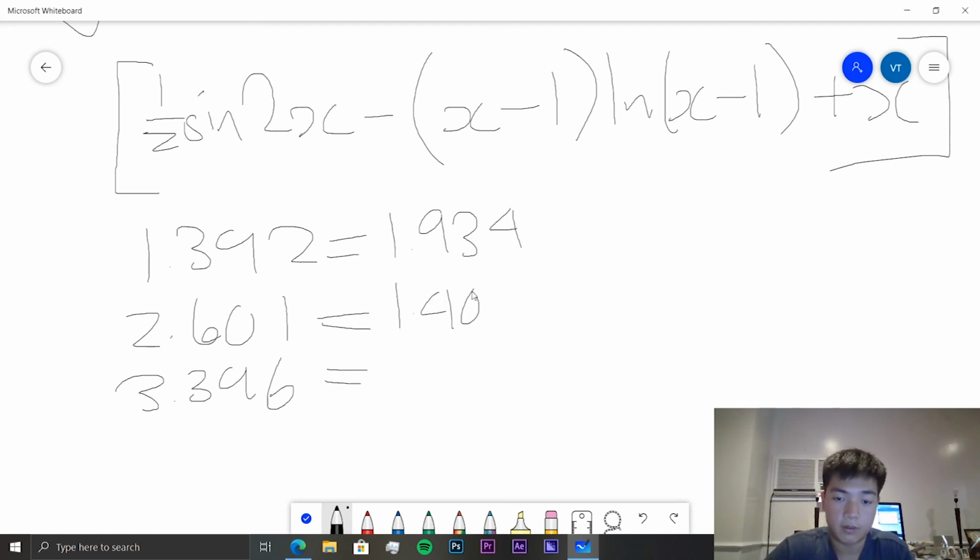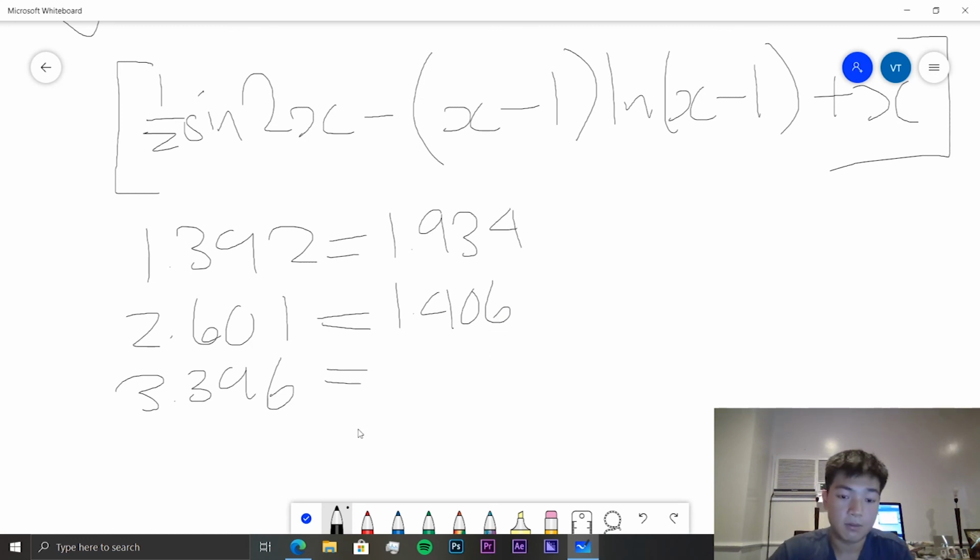So we get 1.406. And then finally, for 3.396, we have 0.5 sine 2 times 3.396 minus 3.396 minus 1, ln 3.396 minus 1 plus 3.396.